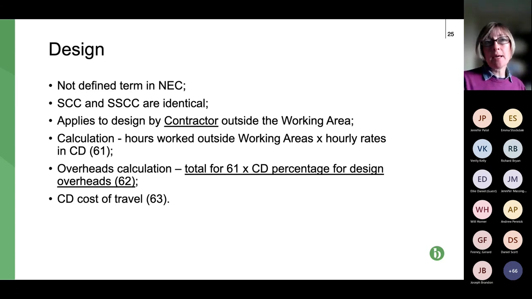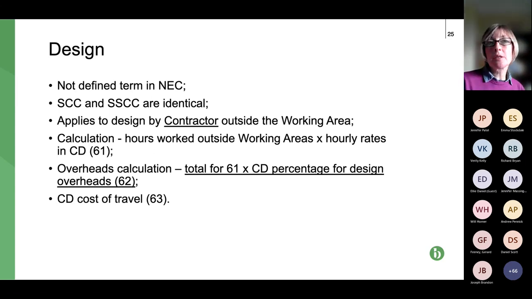So in this case, there's a part in the contract data part 2 to include designers' hourly rates. So all it is, is number of hours times hourly rates. They just need to keep a record of hours spent on a particular item. So that covers the cost for that individual for their work.